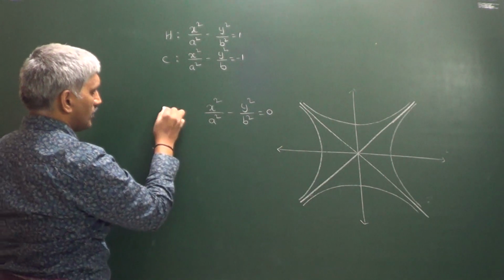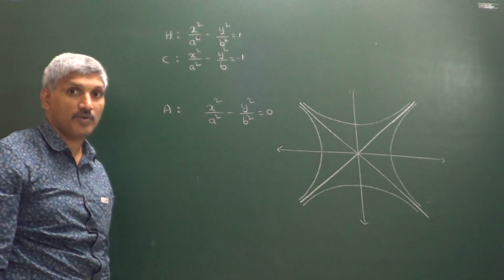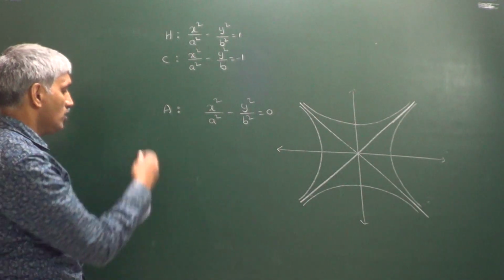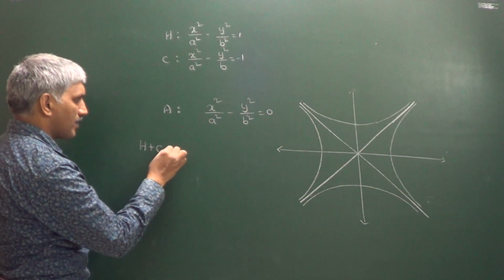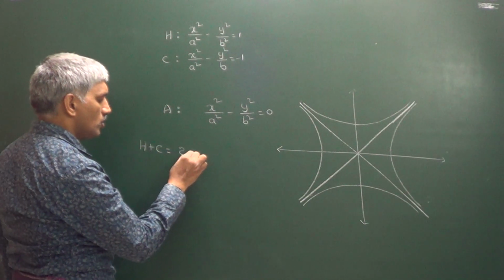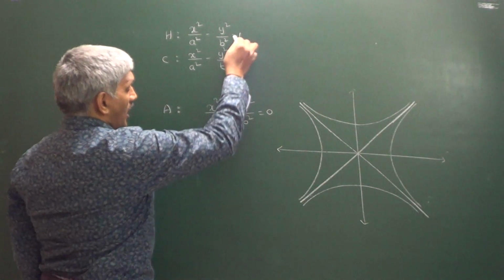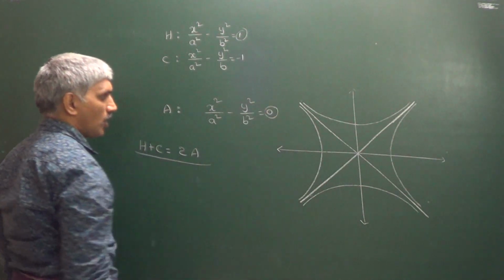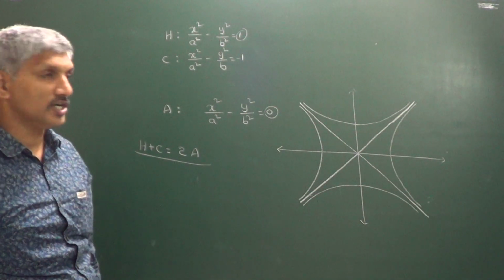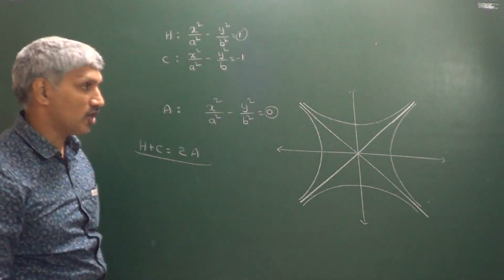And we got the asymptotes equation as x square by a square minus y square by b square is equal to 0. Whether you observed or not, hyperbola plus conjugate hyperbola is equal to 2 times asymptotes. The hyperbola and its asymptotes differ by a constant only.